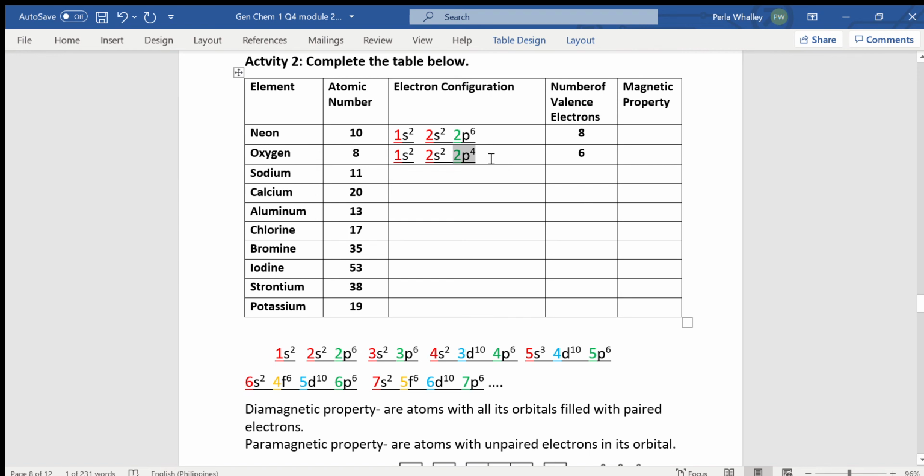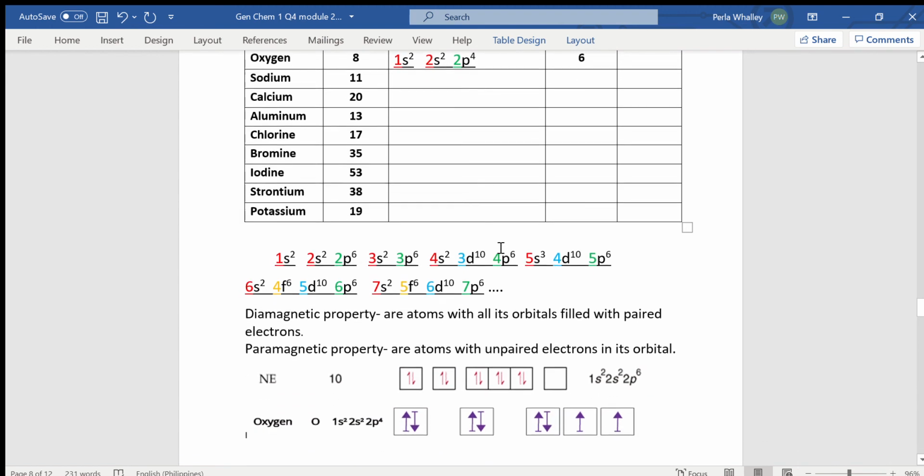Now, what is the magnetic property of neon? Remember neon?